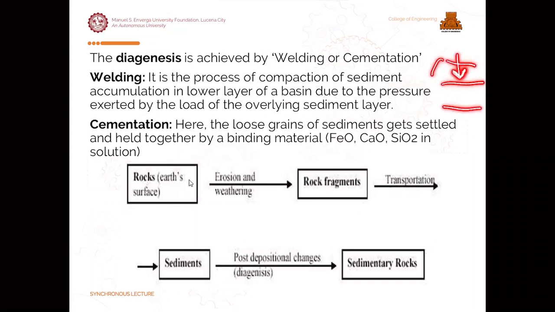Nung layer na 'to, 'tong layer na 'to, kaya nagkakameron ng welding. Then cementation is yung loose grain of sediments get settled and held together by binding material. So yung mga binding material natin is yung mga iron oxide, calcium oxide, silicon dioxide, okay?